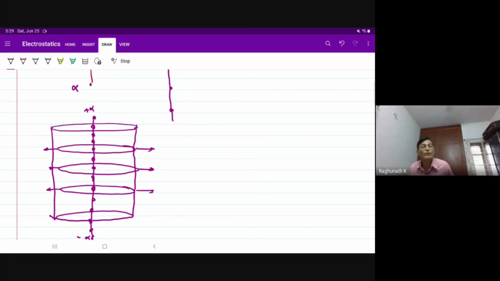irrespective of the distance between them, whatever field is created is cylindrically symmetric, in the sense that on the cylinder of radius r having this line as its axis, the charge q experiences the same radial force at any point on the cylinder, because of which the field is cylindrically symmetric.